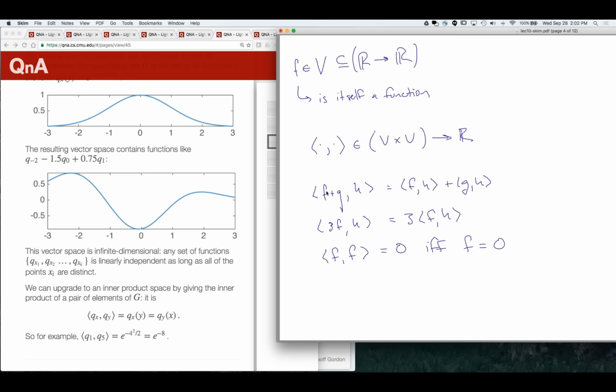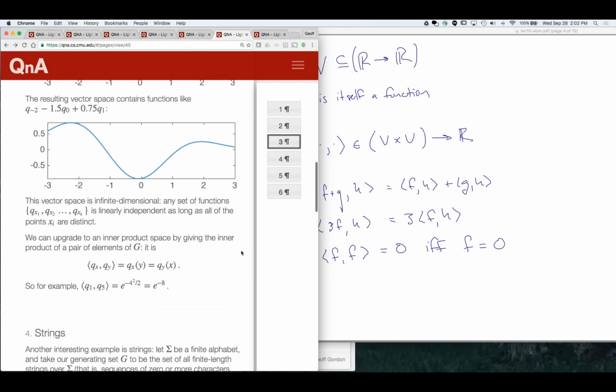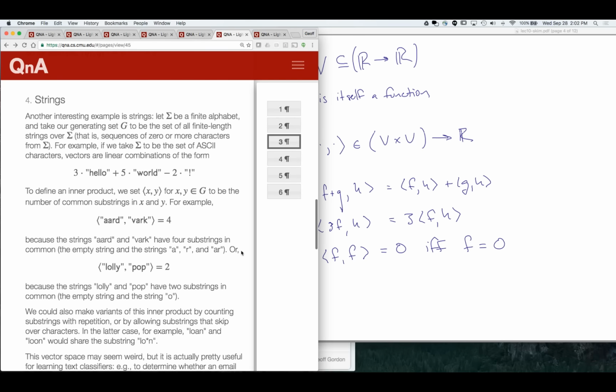All right. So let's go now to the string example. So I defined now a vector space of strings. And here, actually, the vector space includes more than just strings. It includes linear combinations of strings. And we don't have a direct interpretation of that.